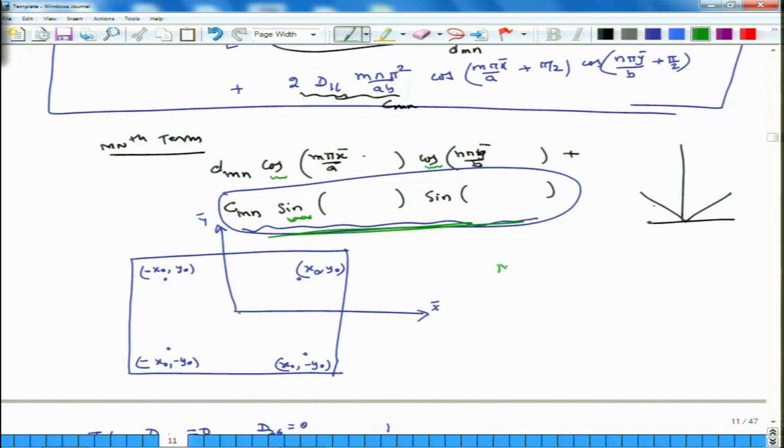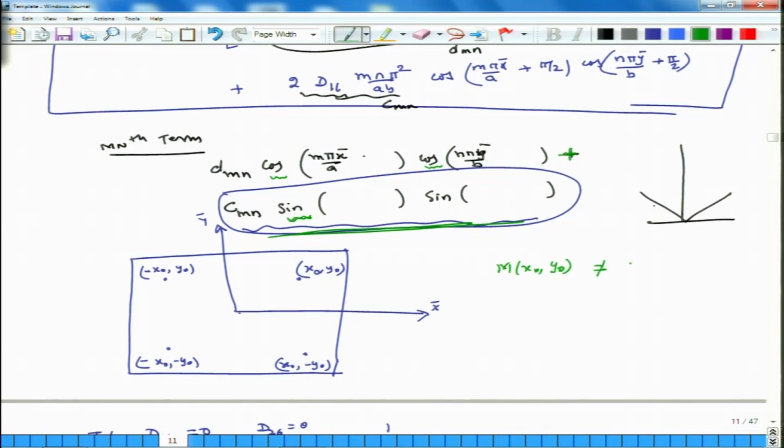So what that means is that these things are added up, so the sum will change.